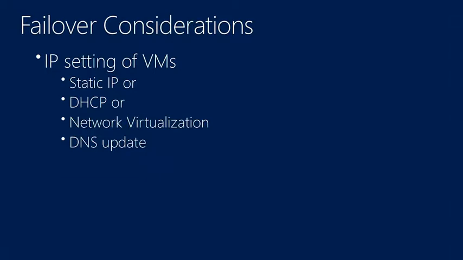The final point to make here is DNS. We do not do anything in any of these approaches to mess around with DNS. Now, if you're familiar with DNS, you'll know that the average DNS client has a 15-minute cache. So if you take a server that's in one data center with one IP address, and you shut it down and move it to another data center and give it a new IP address, it's going to be about 15 to 20 minutes before various clients start resolving that network name.